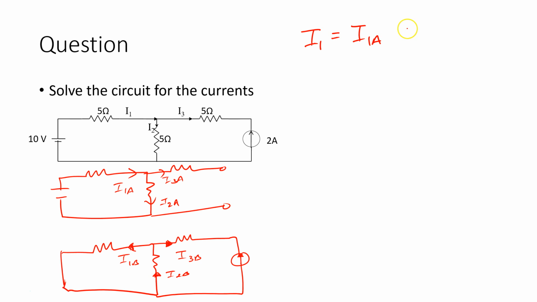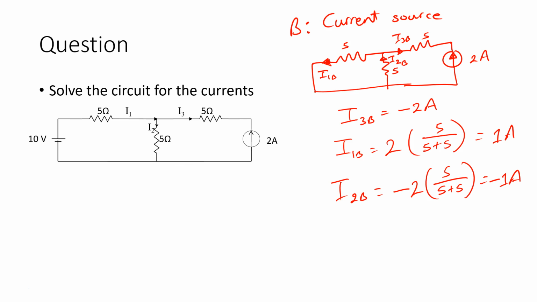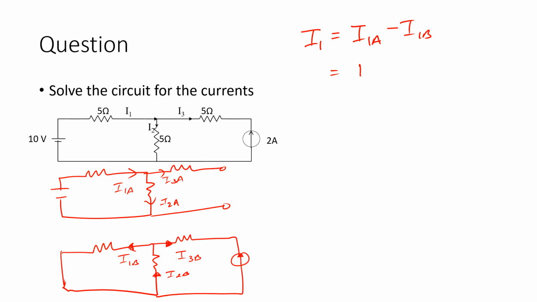So I could say here by comparing the directions that I1 is equal to I1A minus I1B, and I1A, if I remember correctly, was 1, and I1B was 1. So that is 0.